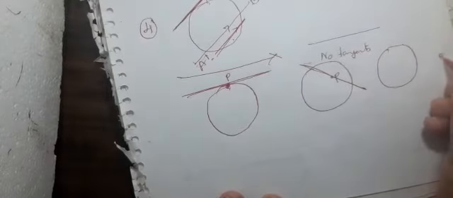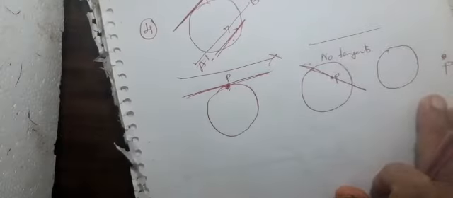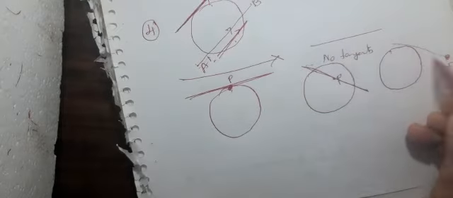Okay. Then the third one is a very important thing. If the point is outside the circle, and you go on drawing a number of lines like this, see what happens.